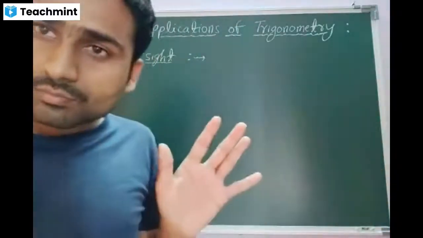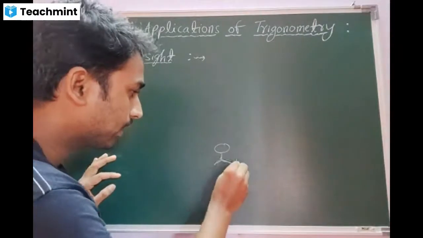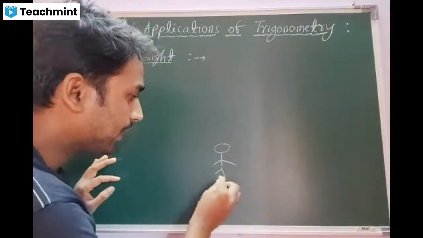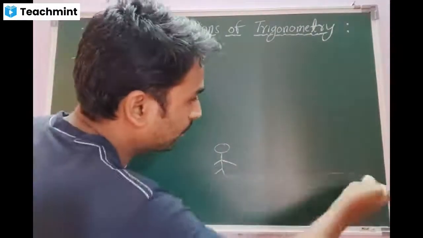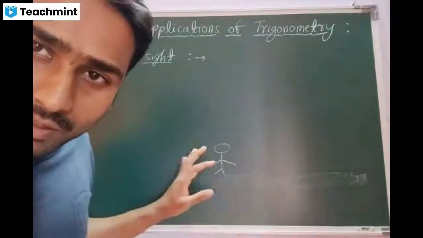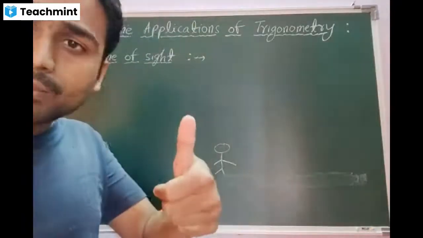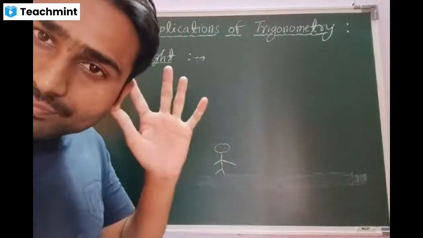Yes, sir. Suppose there is a boy. Just a minute, I'll show you. There is a boy standing on the ground. Okay. Are you getting my point? There is a boy standing on the ground. Is that clear, beta? Yes, sir.